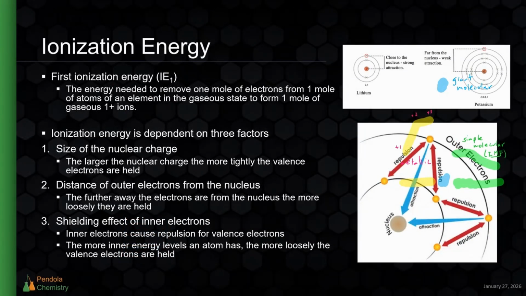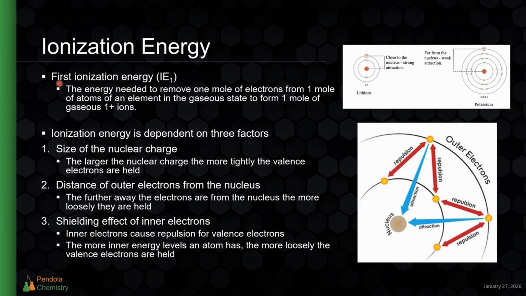So the next conversation we're going to have is one we've had extensively in a previous chapter, so we're going to very briefly discuss it, and that's ionization energy. Now remember, ionization energy is the amount of energy needed to remove electrons from an atom, creating positive ions. So when we talk about ionization energies, there are multiple ionization energies.